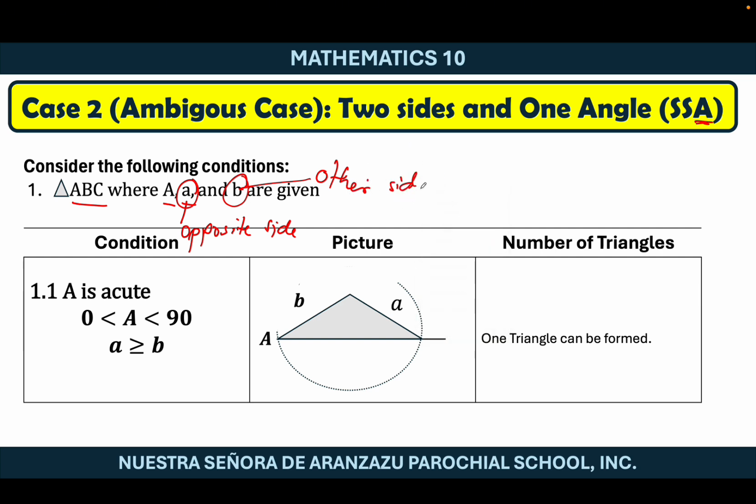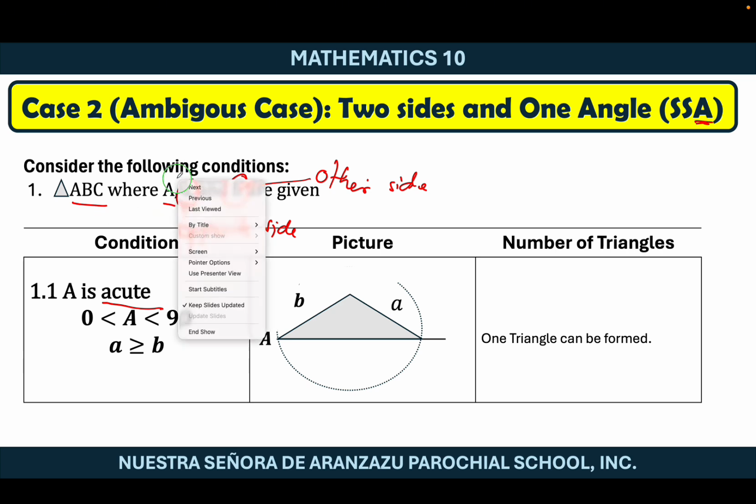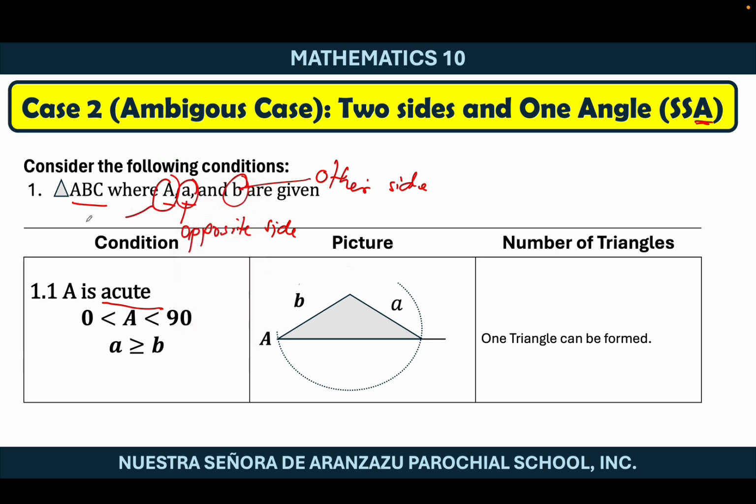Okay? Now, itong first four na criteria will fall under the acute angle. Ibig sabihin, lahat ng given natin na angle dito are acute. Itong apat na mauuna. Okay?